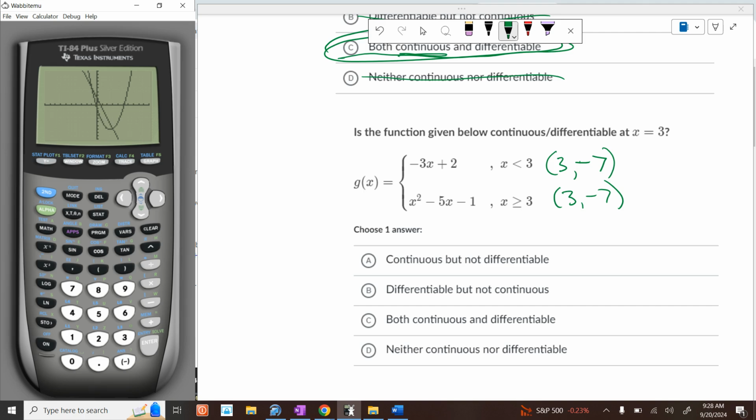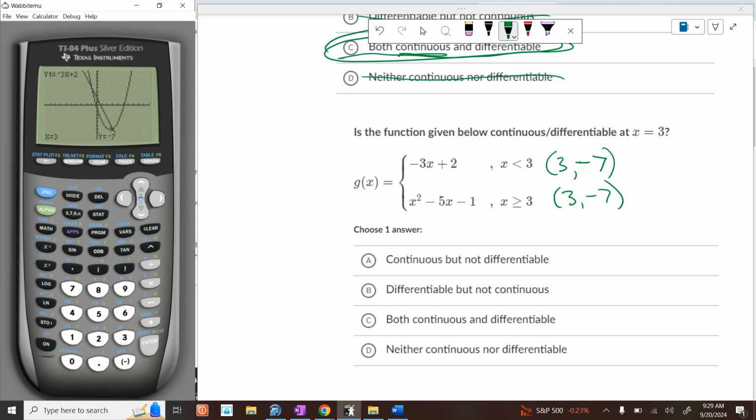Now, if we look at (3, -7), we're right here. It's going down like this, and then it curves up like this. Does it look like it's going to be differentiable there? No, it doesn't. Because the slope of this one is going to be 1, and the slope of this one is going to be -3.